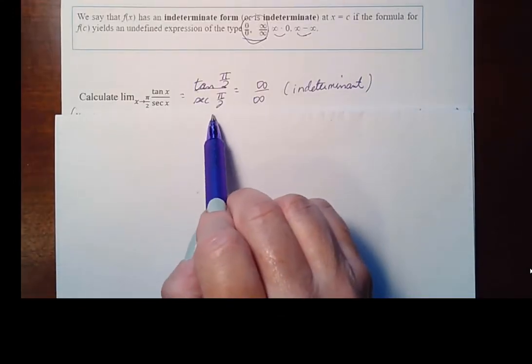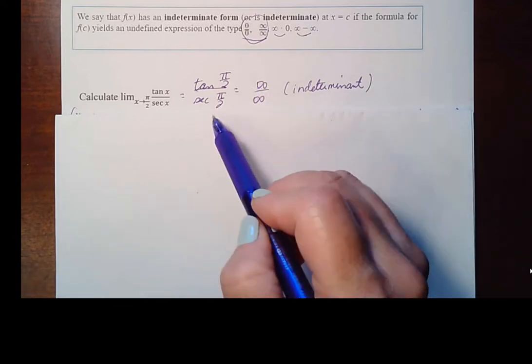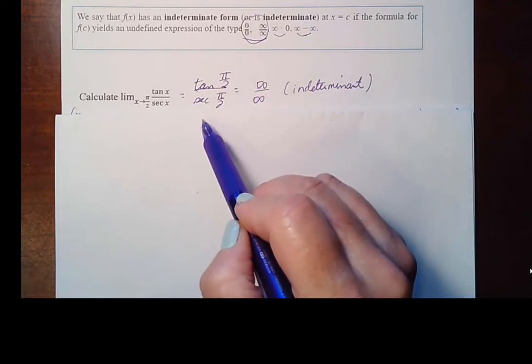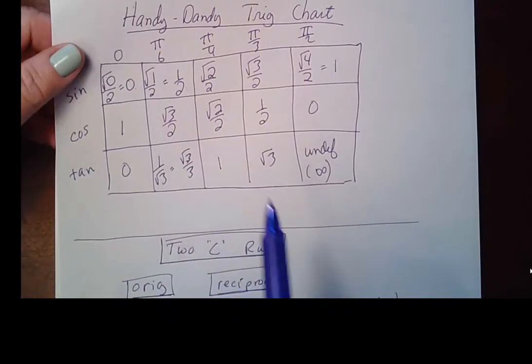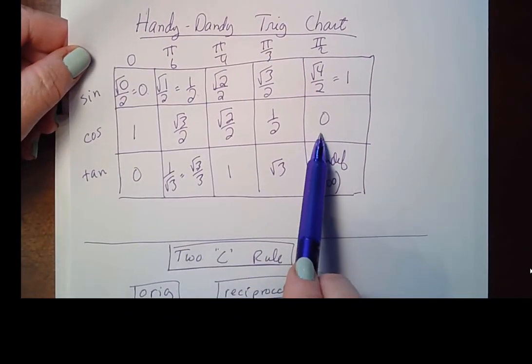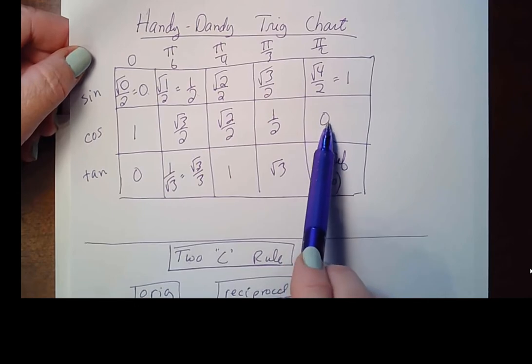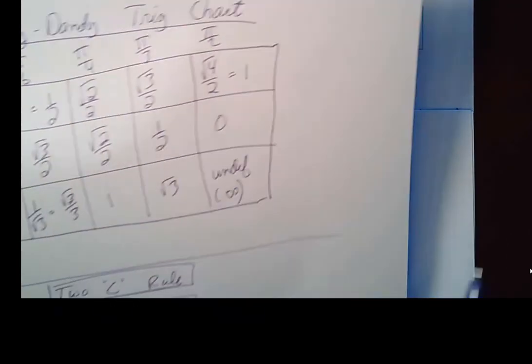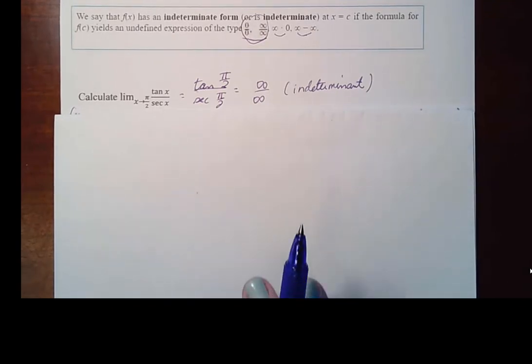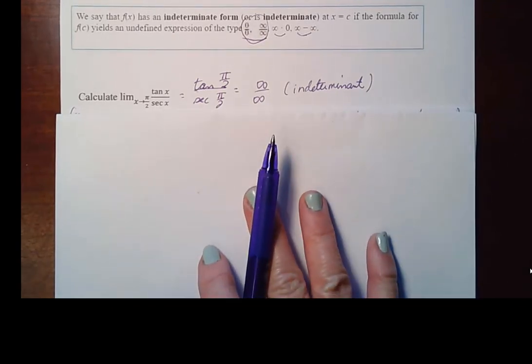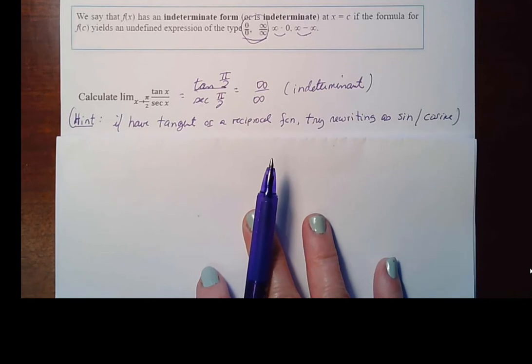Okay, so that means secant is 1 over cosine. And if you look at cosine of pi over 2, let me come back over here. Cosine of pi over 2 is 0, so the reciprocal, flip that, is 1 over 0, which is, of course, infinity. So it is indeterminate. So I have a little hint written in here.